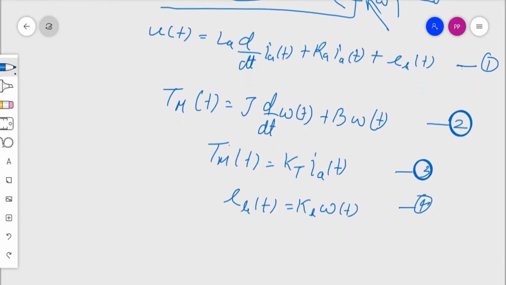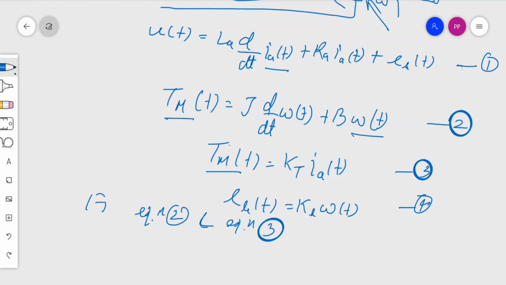Now I need to retain the armature current and the angular velocity as the variables of the system. So let me remove the unwanted variables one by one. So this Tm can be removed from equation 2 and equation 3.